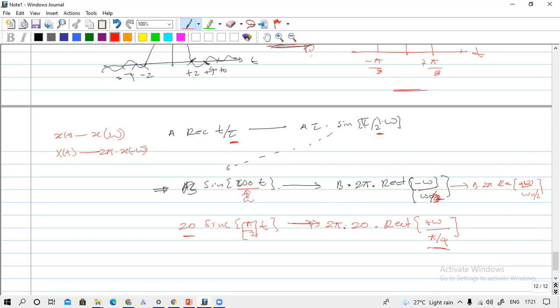Here, instead of tau, we have tau by 2. So here, tau by 2, omega naught by 2, tau is equal to omega naught by 2. So it should be omega naught by 2 here, and it should be omega naught here. So here it should be 5 by 2. It should be 5 here. Sorry, this should be 5.